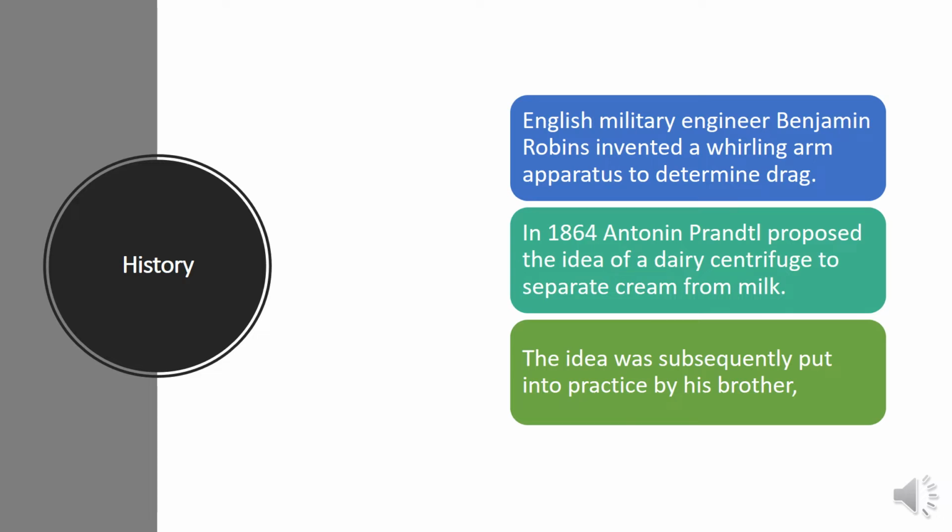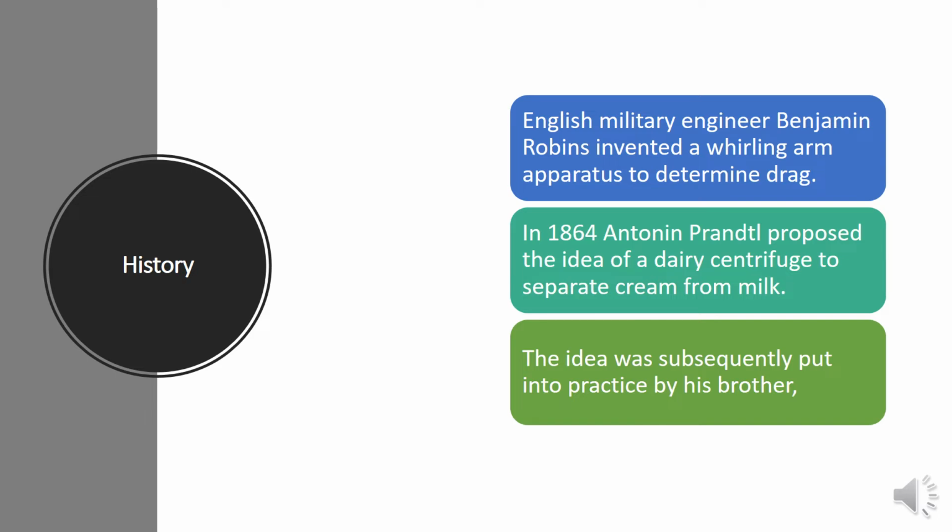The history. English military engineer Benjamin Robins invented a whirling arm to determine drag. In 1864, Antonin Prandtl proposed the idea of a centrifuge to separate cream from milk.